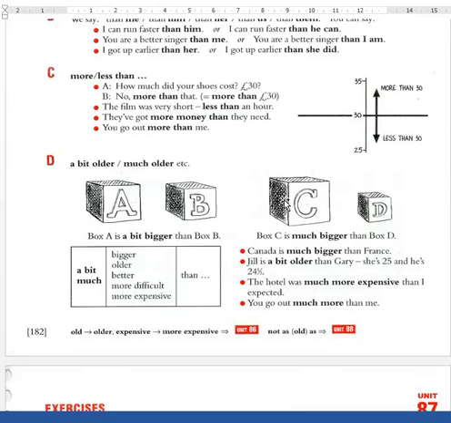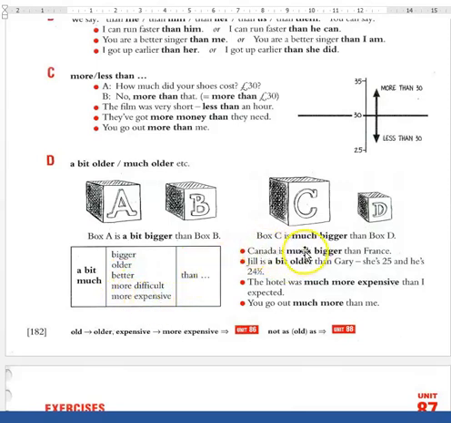Again, in conversation, this is quite a useful form, a bit and much. So you have a bit bigger, a bit older, a bit better, a bit more difficult, a bit more expensive. Much bigger, much older, much better, much more difficult, much more expensive than.